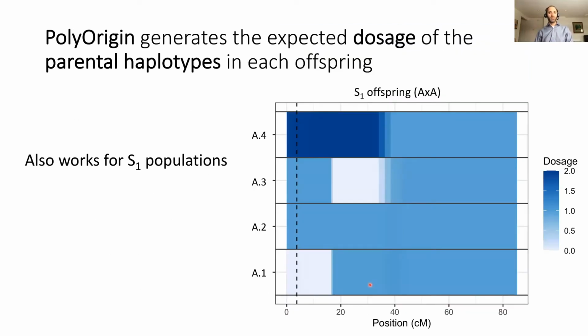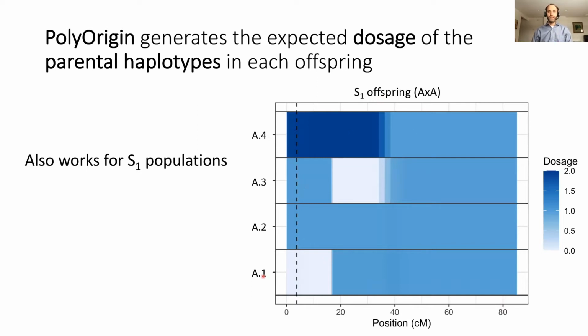Let's look at some other examples of this type of haplotype reconstruction. The software works not only for biparental populations, it works for uniparental populations. So in potato, you can easily self tetraploids. Many of them are self-compatible. And this is an example of a real potato data set. We're looking at an S1 offspring.